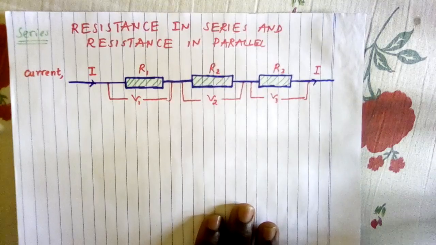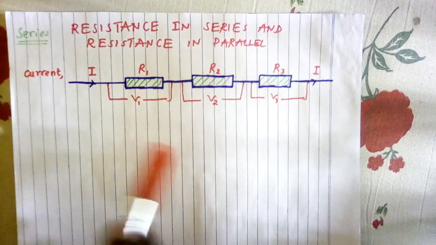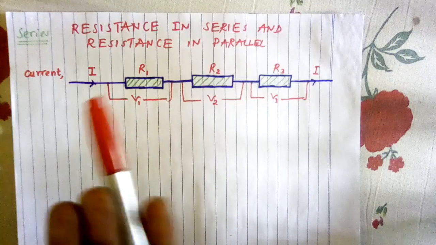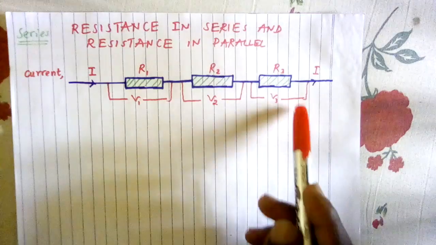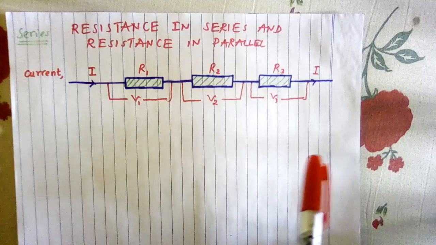So basically, we have the diagram, and this illustration represents resistance in series. The resistors R1, R2, and R3 are connected end to end, and they have the potential differences V1, V2, and V3 across their terminals.